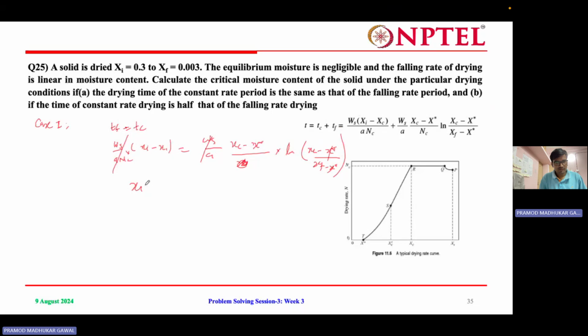So Xi minus Xc equals Xc, and this also gets cancelled, so ln(Xc by Xf), right?